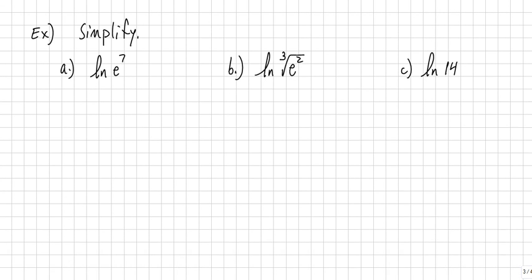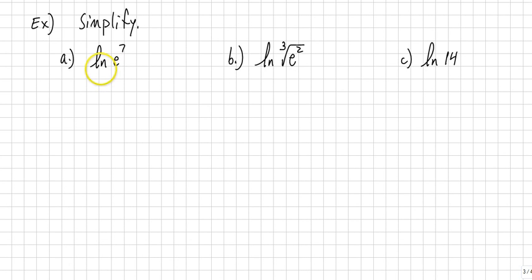All right, so you should be able to do some natural logs without a calculator. But you're going to find out that quite a few natural logs we wouldn't know off the top of our head. We're going to have to use a calculator. So for a, we have the natural log of e to the 7th, and we want to simplify that. We want to know what that's equal to.